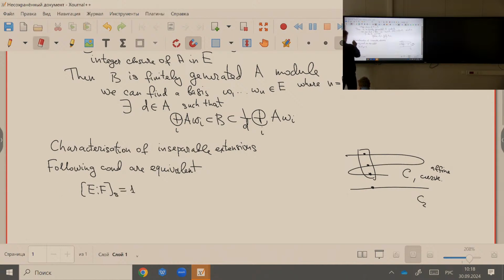The second is that there exists, so any element of the extension E over F, any element of E is inseparable.